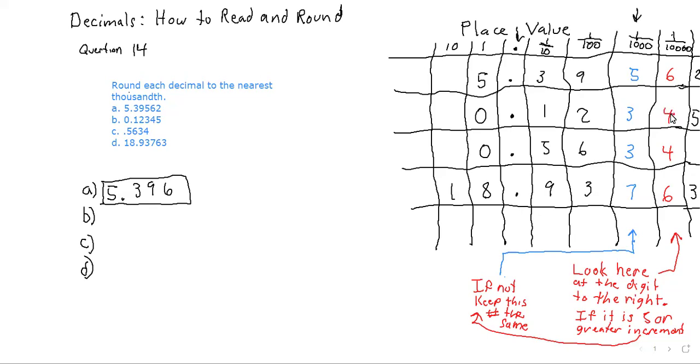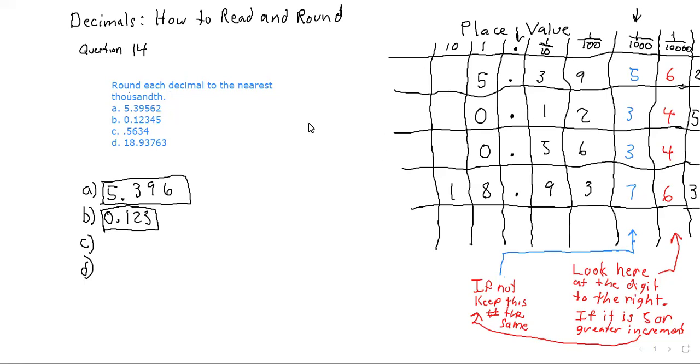Is this number in red 5 or greater? The answer is no. The number is 4. So we're going to keep that number in blue at 3. So we're going to write our number as 0.123, and that's it. We stop at 3 because that is the thousandths place, and they say round to the nearest thousandth. We don't write any numbers beyond that.